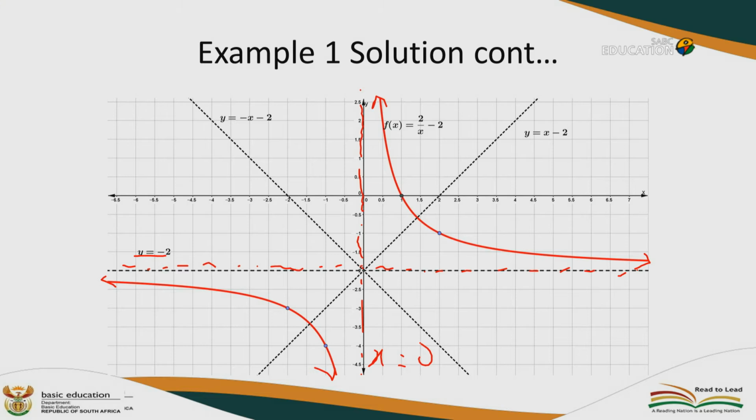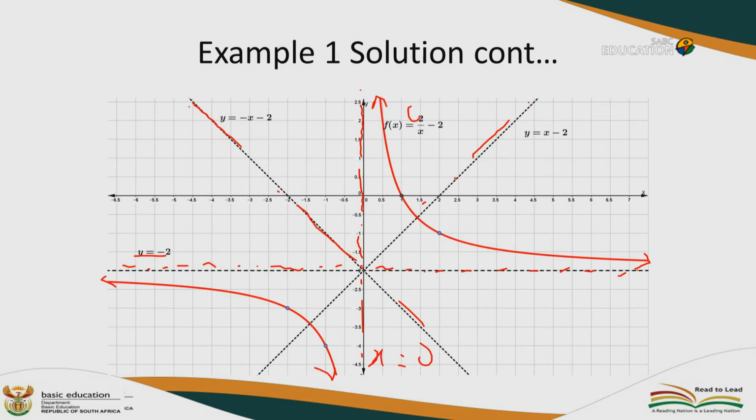Okay, I've also plotted for you the axes of symmetry. This is the one with the negative gradient, and that is the one with the positive gradient. So that is basically what our graph looks like. And that's our shape. We said that because a is positive, our graph is going to be in the first quadrant and the third quadrant with respect to our asymptotes.